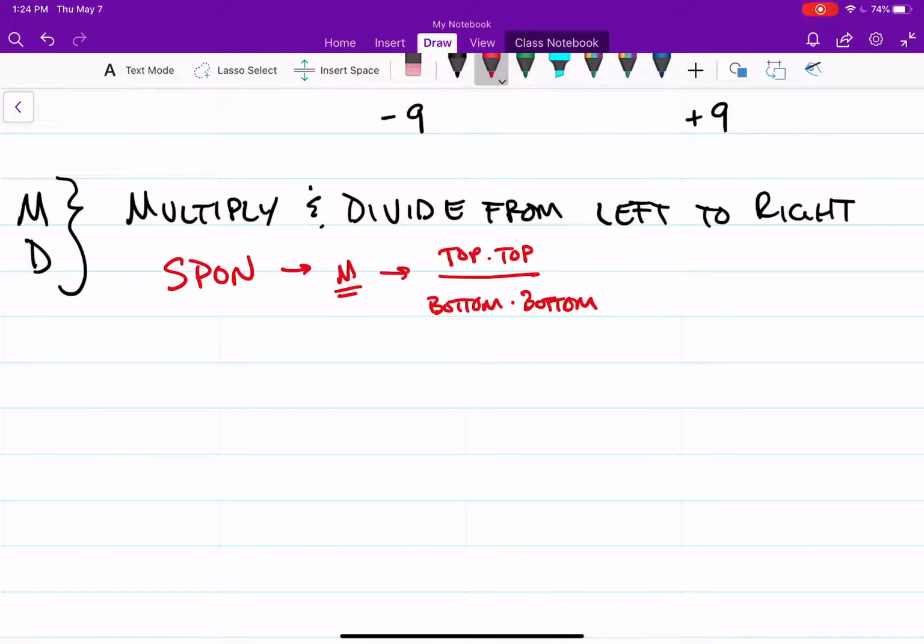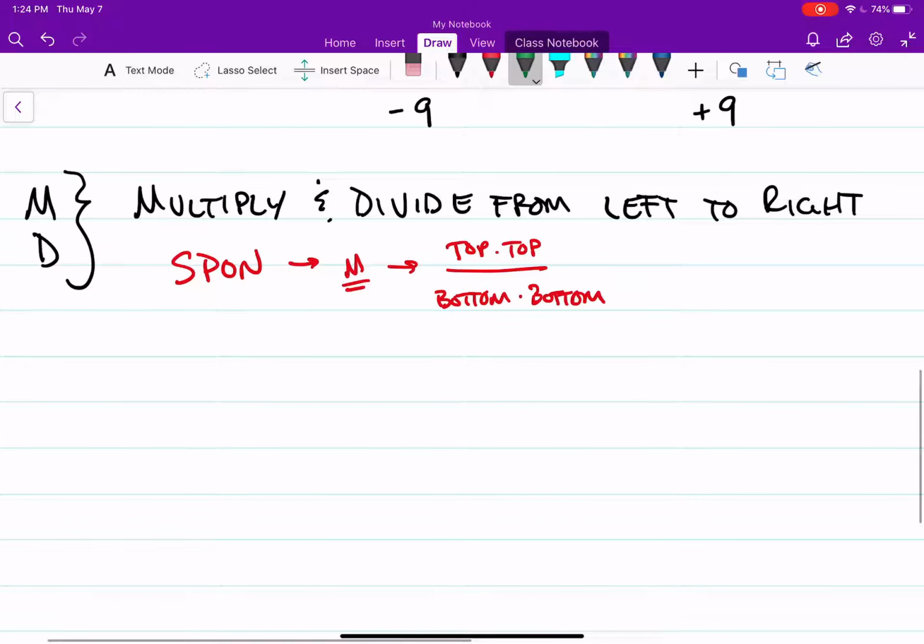Okay? So that's the main part we talked about. Now, with dividing, we talked a lot more. Dividing, especially with fractions, was copy, change, flip.